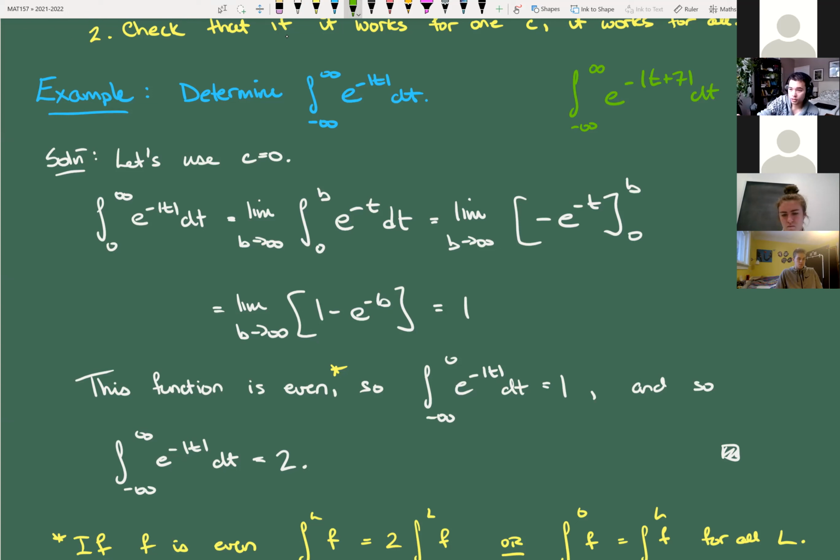If you want, do this computation and check. But when I split this one up, I don't want to have to use 0. I would prefer to use probably -7 as the point at which I split into my two one-sided improper integrals, because that's where the absolute value is going to be easiest to drop.